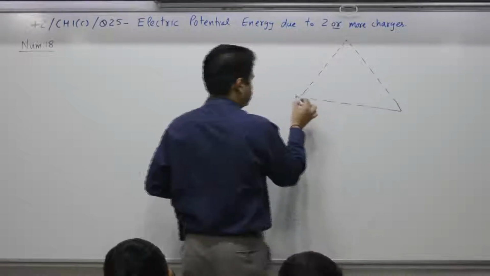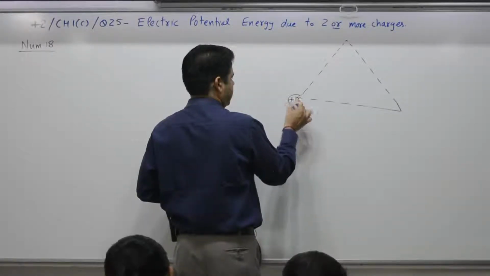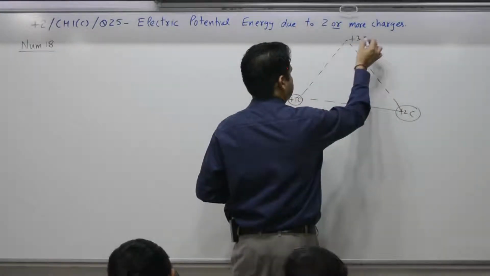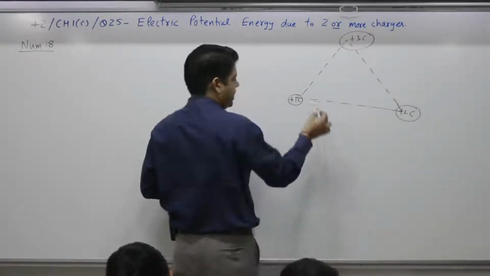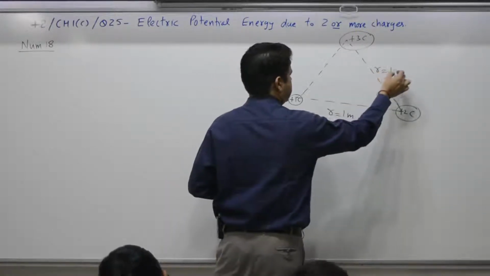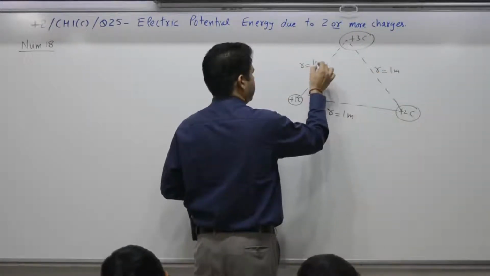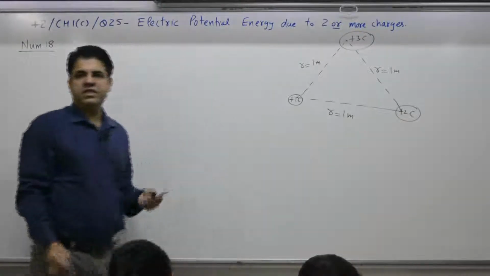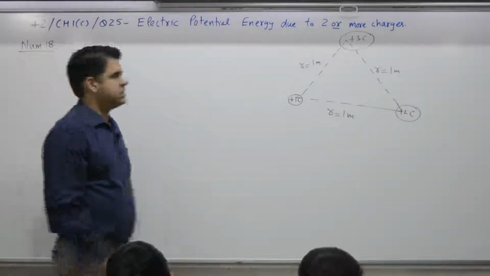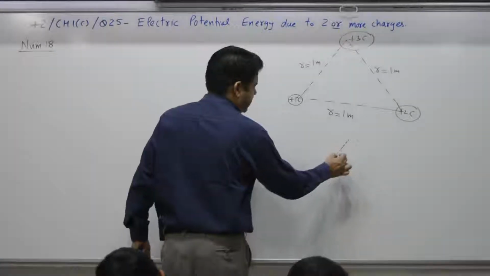Charges 1 coulomb, 2 coulomb and 3 coulomb, placed at what distance? 1 meter. 100 centimeter means 1 meter. Initial status, final status. Final status is this one.